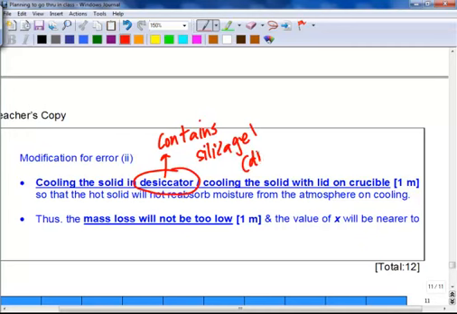Your silica gel is your drying agent. Okay, either you cool it in an apparatus with some drying agent, or you can cool the solid by putting on a lid. So you put on the lid, it cannot absorb the moisture from the surrounding. Is it okay? Can?